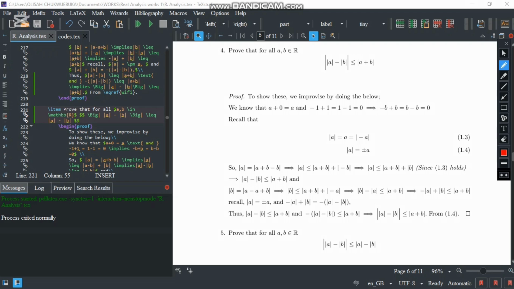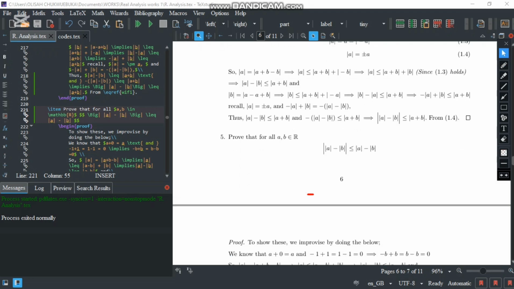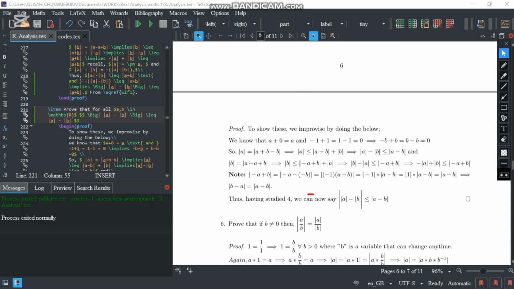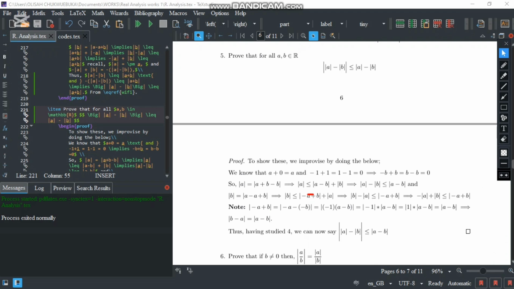I chose a plus b, but in question 5, look at what I chose. In question 5, I chose my b to be, in question 5, I said negative a plus b. So that is where they differ.